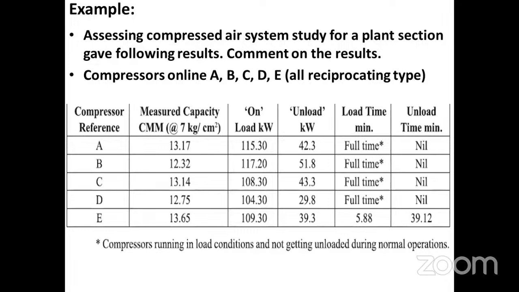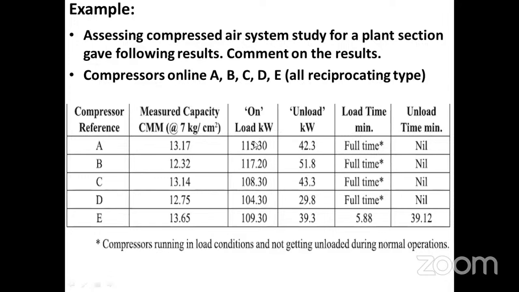Okay. Assessing compressed air system. Compressor. A compressor delivers 13.7, 12.32 and so on. Kilowatt is 115.3. See all the load.